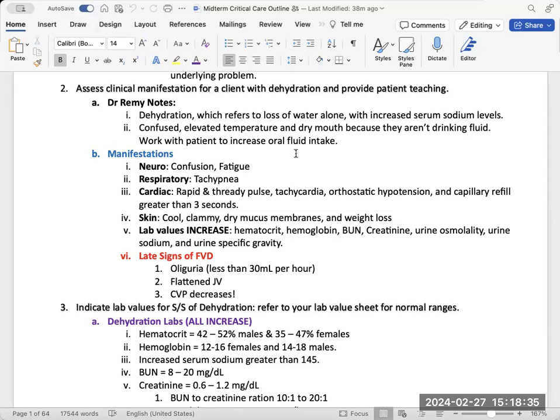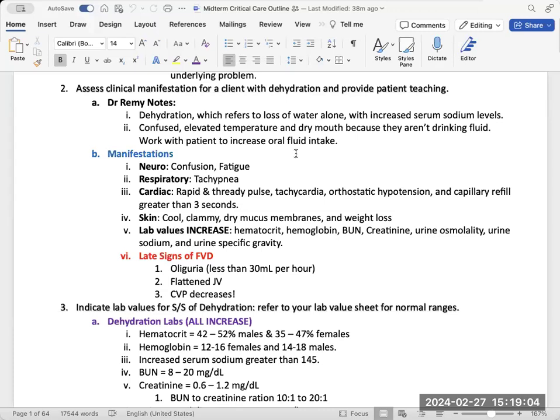So I'm going to go over some of the manifestations of fluid volume deficit, which are very similar to dehydration because they're used interchangeably. But Dr. Remy mentioned for this specific question that for dehydration, they'll usually have confusion. And dehydration is caused from not drinking enough water, whereas fluid volume deficit is not getting enough fluids and electrolytes.